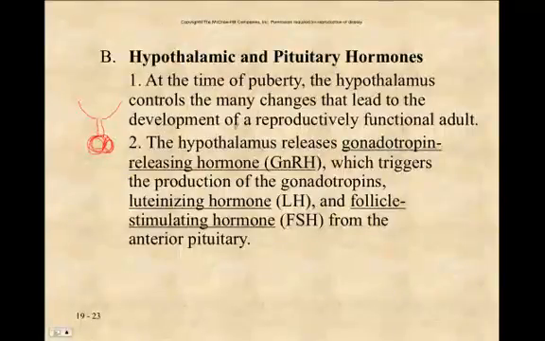This gonadotropin releasing hormone is released from the hypothalamus and travels through the blood down to the anterior pituitary. It's in the anterior pituitary that it will trigger the release of luteinizing hormone and follicle stimulating hormone, which are then released into the bloodstream.